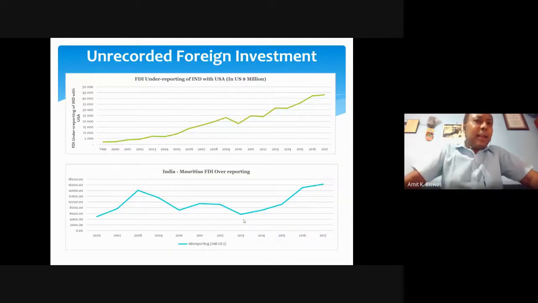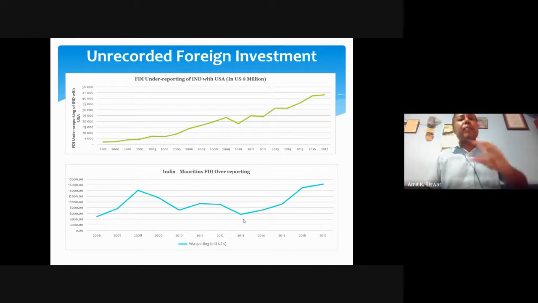This is another part that you will be introduced to. I don't know to what extent I'll get time to formulate all of it. These are unrecorded foreign investments. There are two kinds of foreign investments: FDI and FII, foreign direct investment and foreign institutional investment.